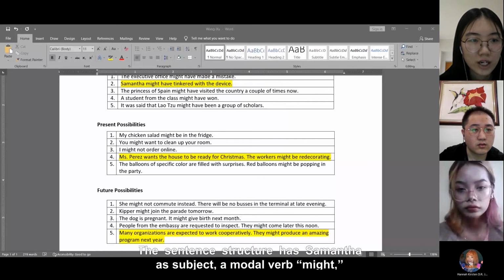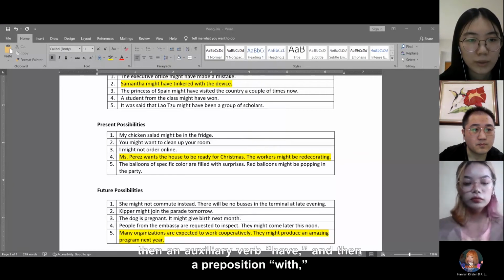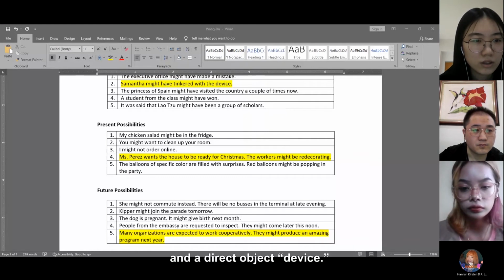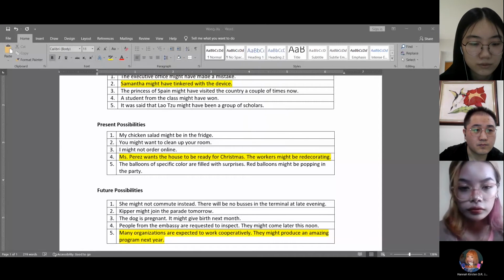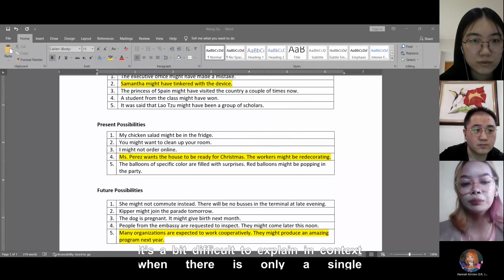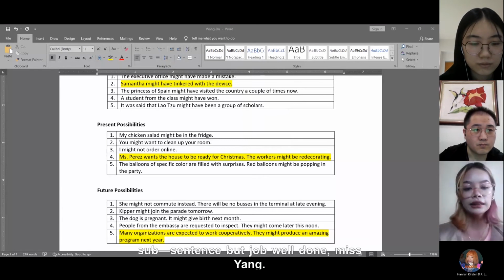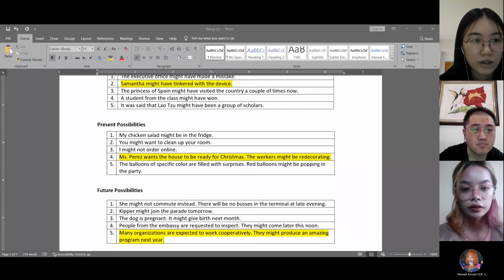The sentence structure has the maker as subject, a modal verb might, then an auxiliary verb have, and then a past participle phrase and a direct object, device. It's a bit difficult to explain in context when there is only a single sentence. But job well done, Miss Yang. You may continue. Thank you.